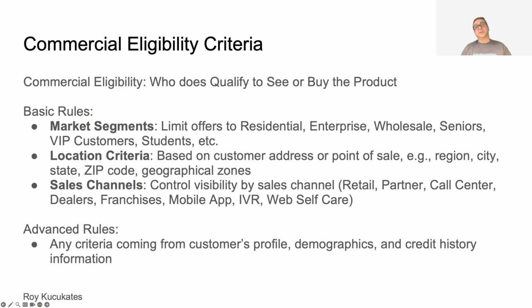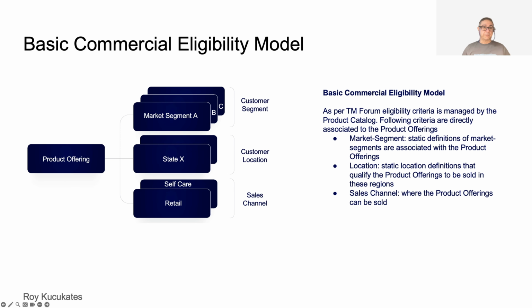What I'm trying to emphasize is that the commercial eligibility doesn't check what you have purchased before or what you have, but it checks only commercially, are you eligible to see these products and to purchase these products.